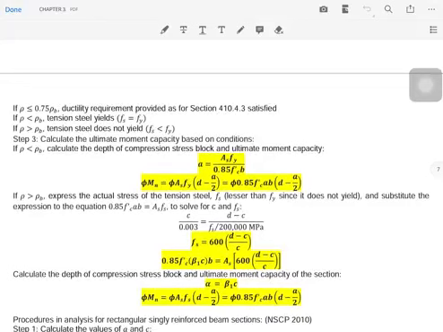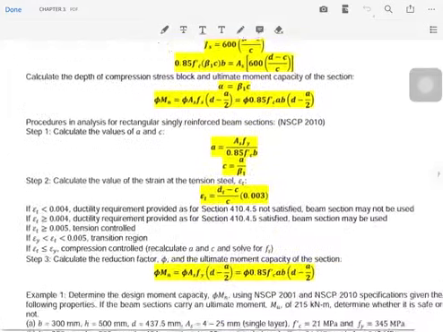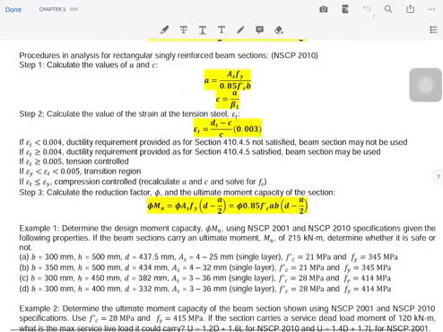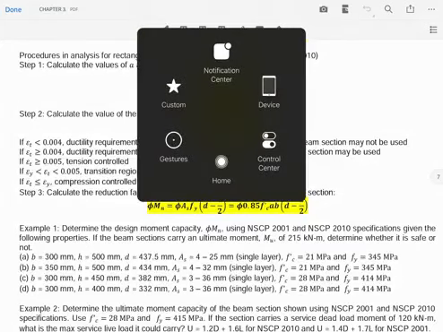The only thing that varies is the procedure and some requirements that you need to meet. For NSCP 2010, first you need to calculate the values of a and c.